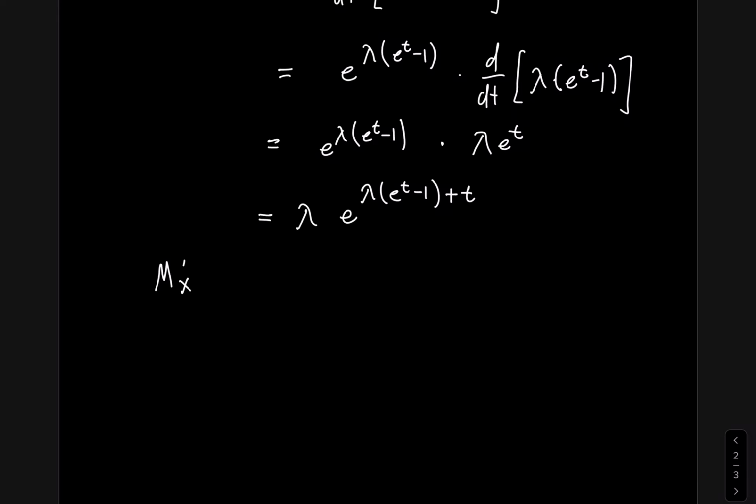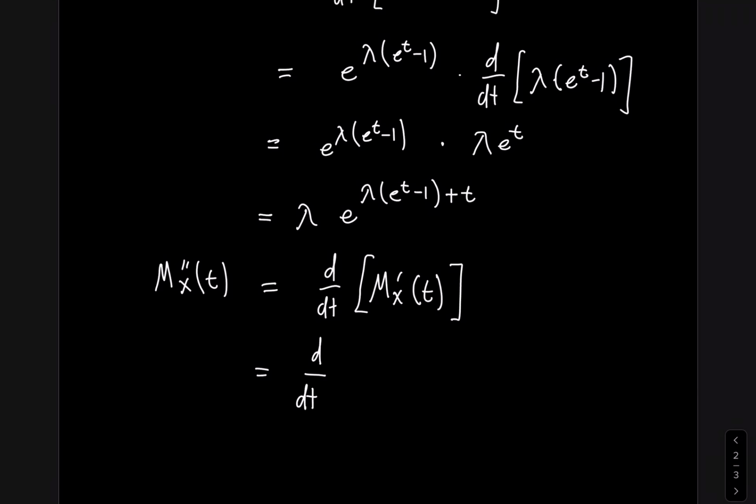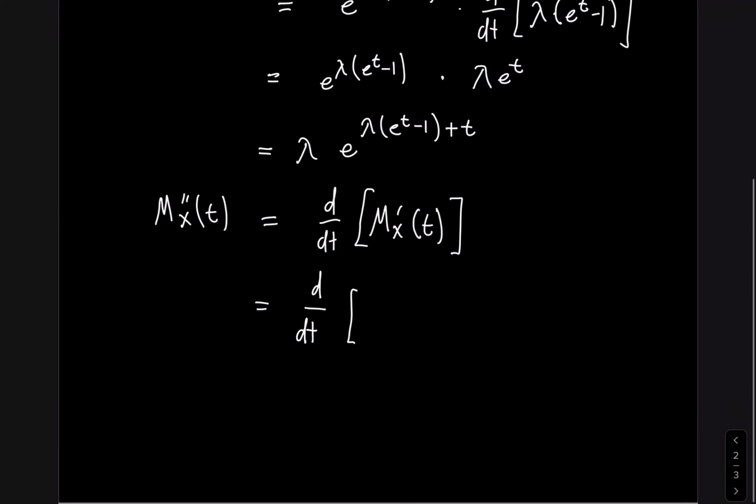So M_X''(t) is equal to d/dt of M_X'(t). In other words, the second derivative is the derivative of the first derivative. We're going to put in our expression for the first derivative. So we've got lambda e to the lambda (e^t minus 1) plus t.